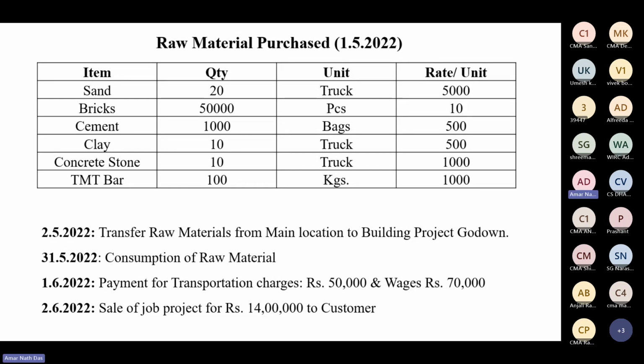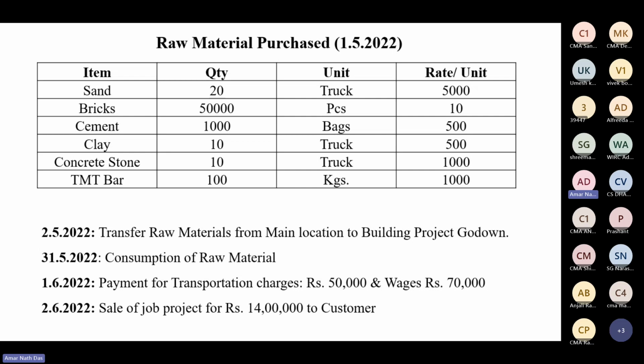Now, if you take a look below the table, you will find that on 2nd May 2022, transfer of raw materials from main location to building project godown has taken place. So that's why the voucher class transfer is applicable here.